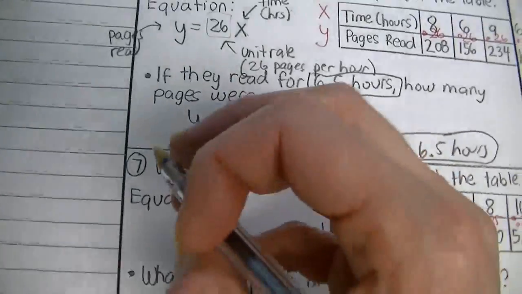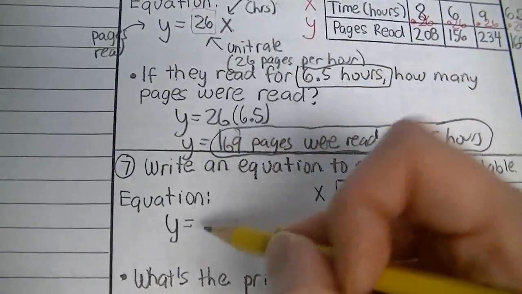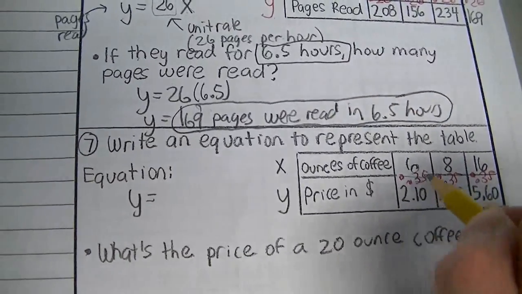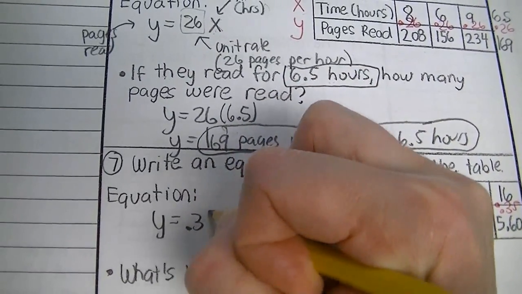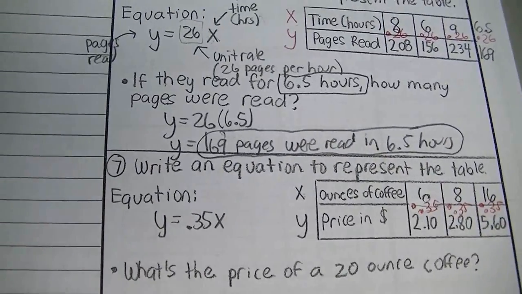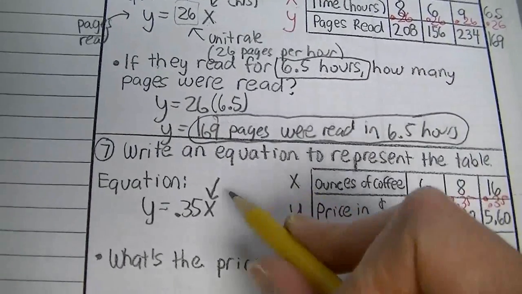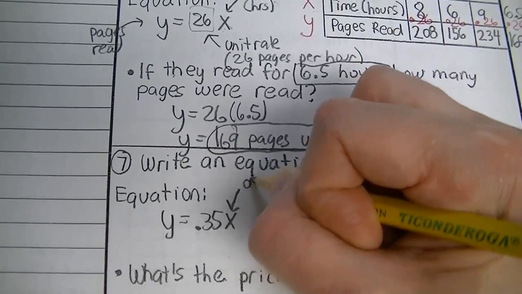So let's go ahead right now, write your equation. Y equals, and you don't really have to leave the box there because you see it right there. So 35 cents times X. And luckily you labeled X and Y, so now it's just super easy to label X and Y in your equation. X stands for ounces of coffee.